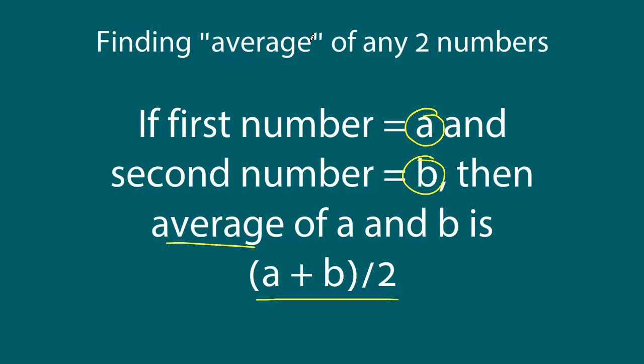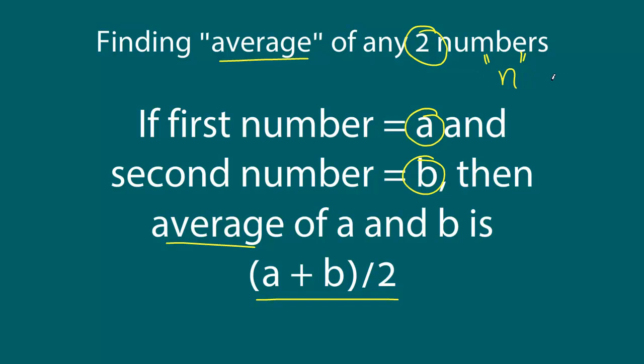I just want to highlight one point here. Throughout this video we are talking about taking an average of two numbers. Generally, if we were to find the average of n numbers, n could be any number. You cannot take an average of one number, but n could be 2, 3, 5, or any number.